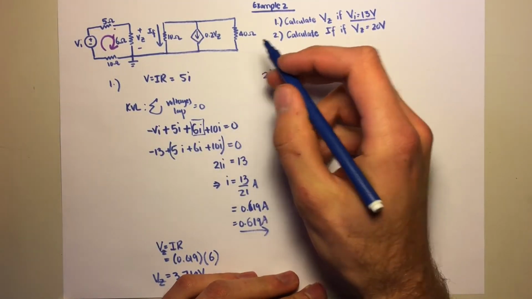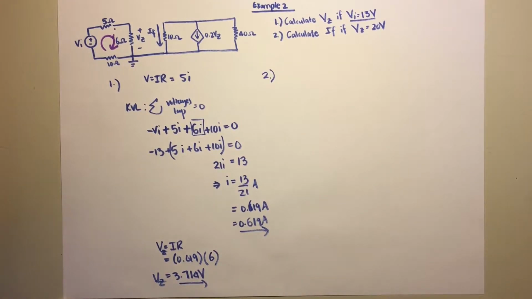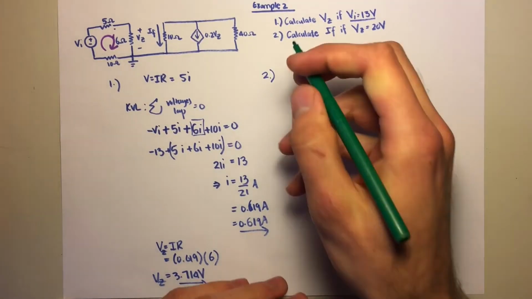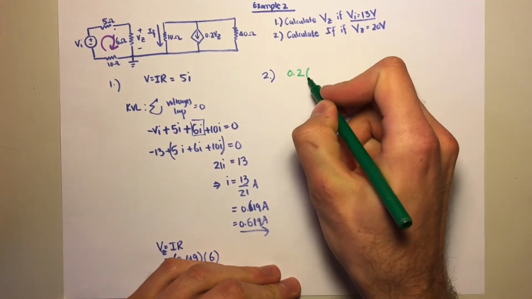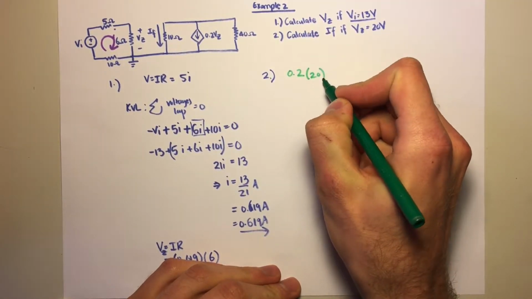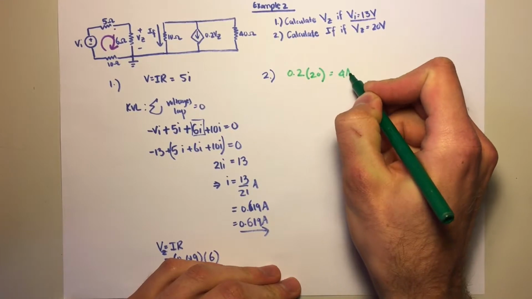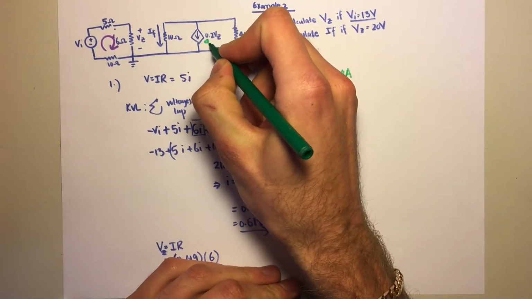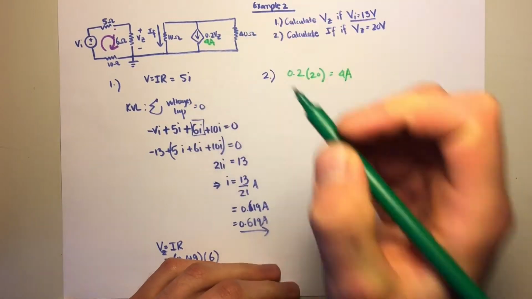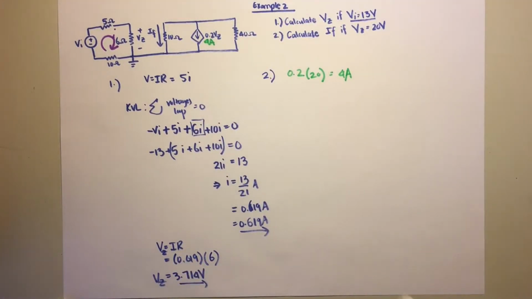The current out of there would therefore be 0.2 times 20, which gives us 4 amperes. So we write that here so we don't use that 0.2 VZ again, because we have a value.